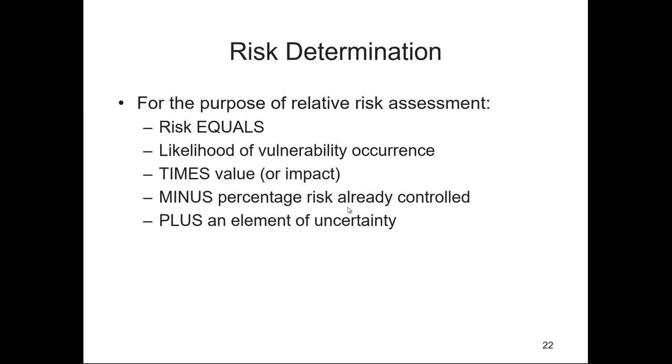Risk determination. For the purpose of relative risk assessment, we need to record the likelihood of vulnerability occurrence, the value or impact, minus the percentage of risk already controlled, plus the element of uncertainty.